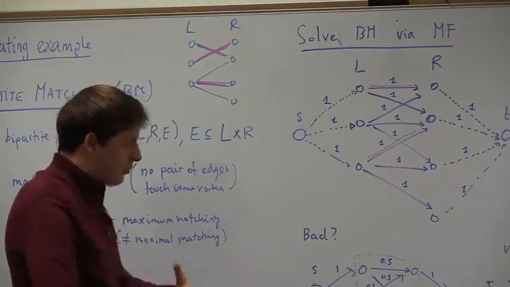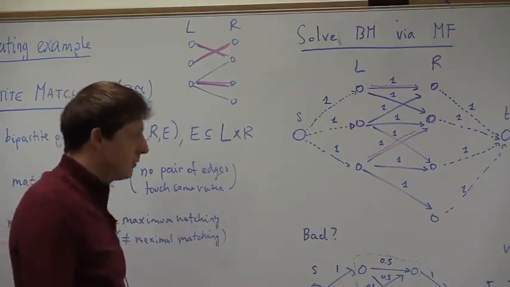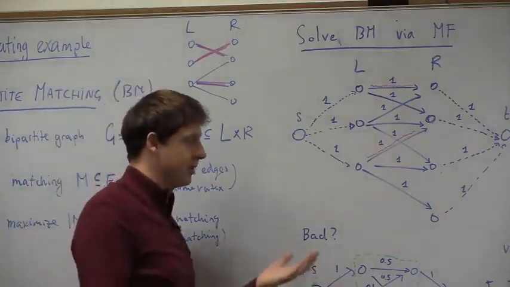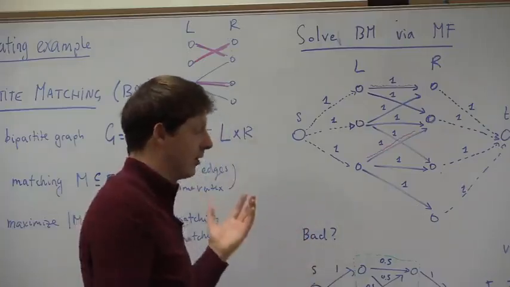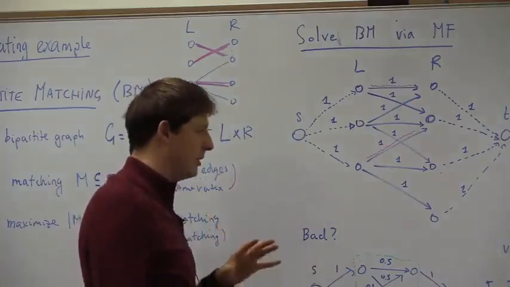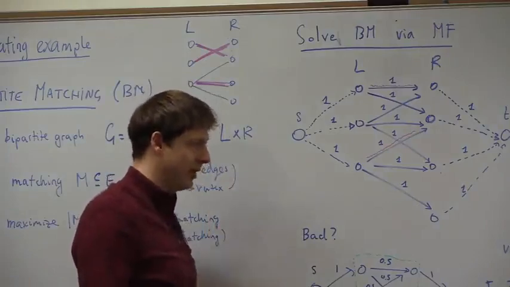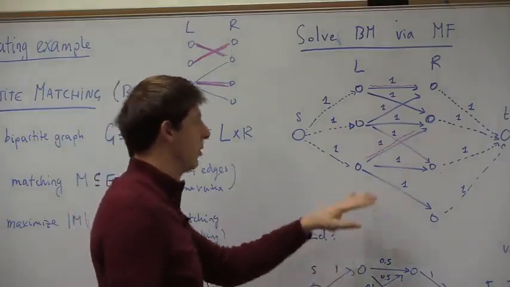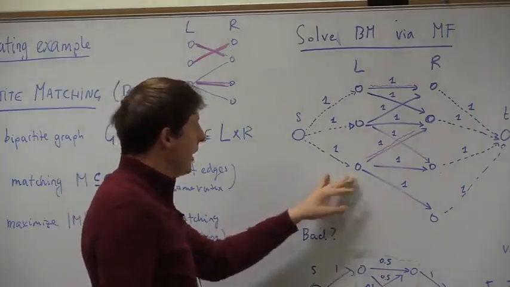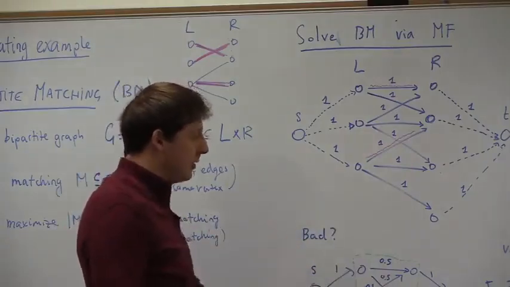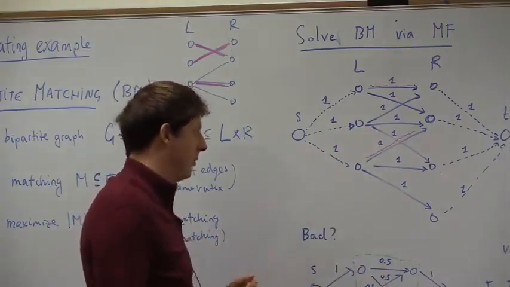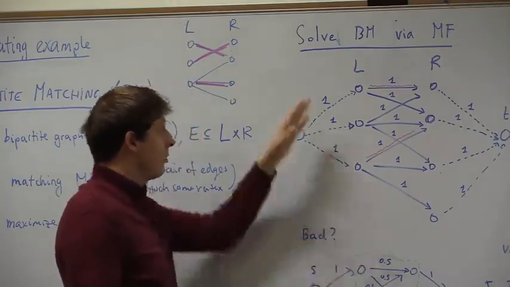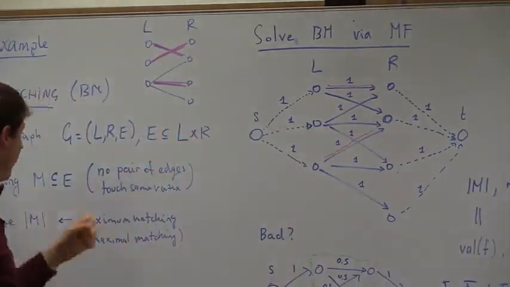Then we said, okay, we just run some max flow subroutine. In this case, we happen to have Ford-Fulkerson as an algorithm, but it could have been any other algorithm. Technical note: this should be any other algorithm that will find an integral flow if there is one. In this case, there is one. And then the subroutine tells us, hey, I found a max flow. Now, this max flow is not the answer to our bipartite matching problem, right? What we wanted was a matching.